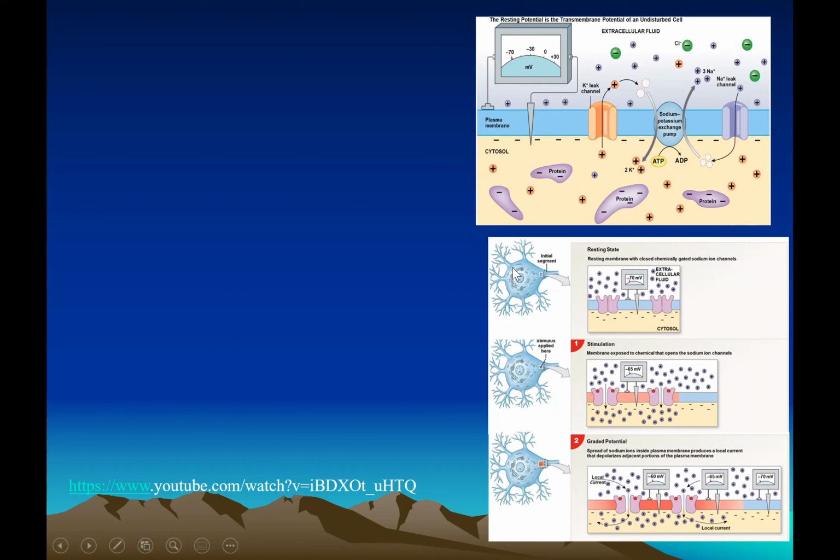But when it's stimulated, the sodium will rush in. When sodium floods into the cell, it is going to become more and more positive. Here you can see negative 65. This phenomenon is called depolarization, when sodium is flooding into the cell.